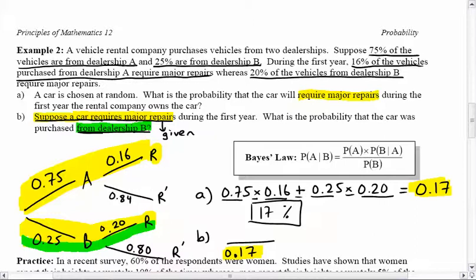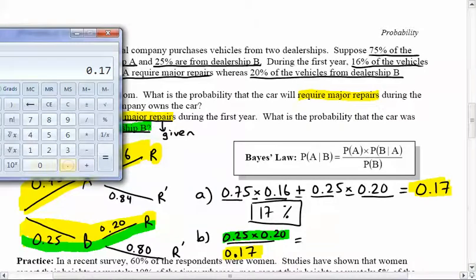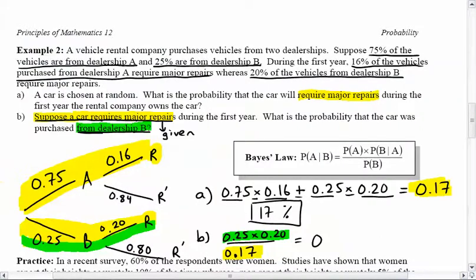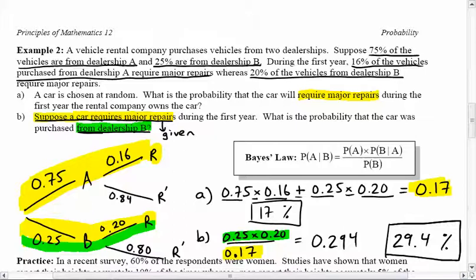So to find the green one, we're going to do 0.25 times 0.2. So we want to know what's the green if we're only considering the total yellow space. So what is 0.25 times 0.2 out of the 17%? And you get 29.4%. So if your car needs repairs, the chance it came from B is 29%.